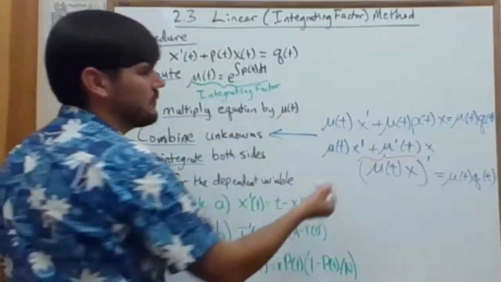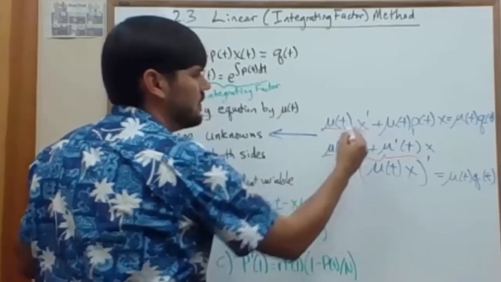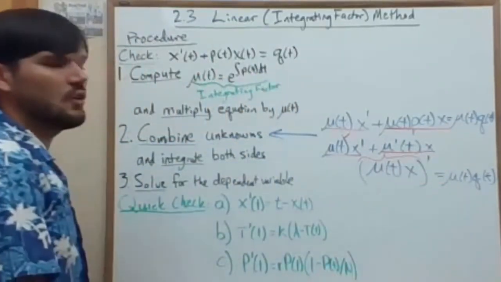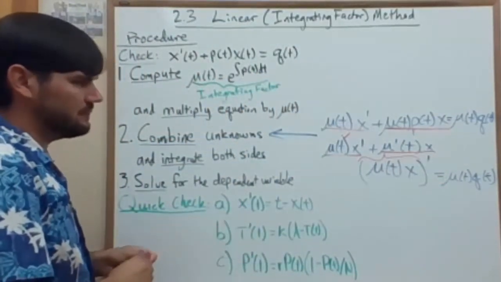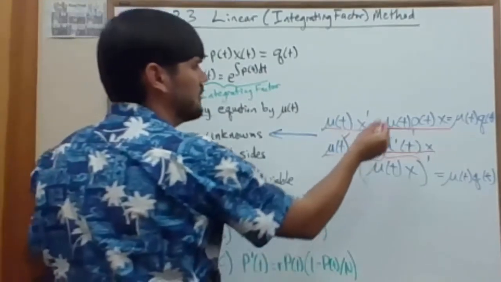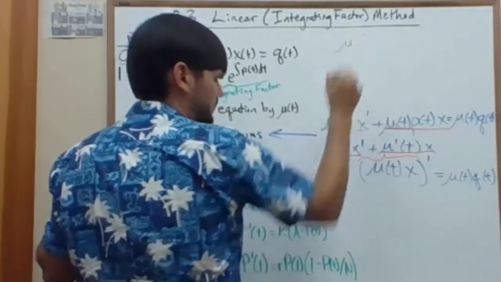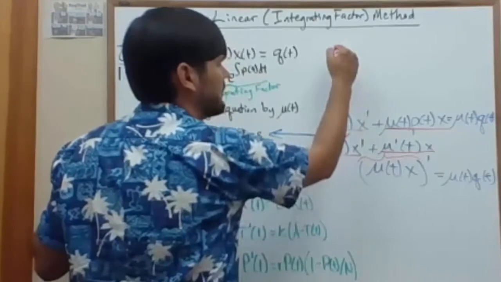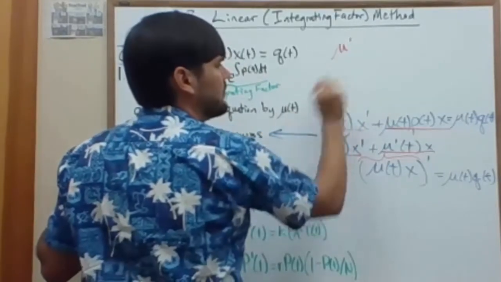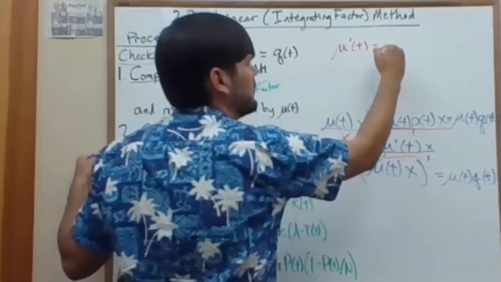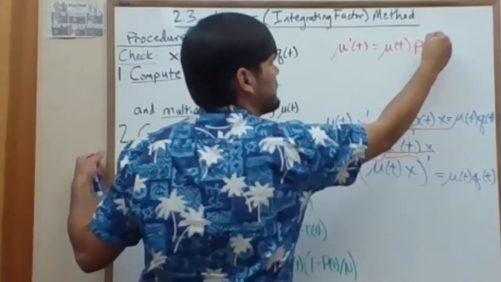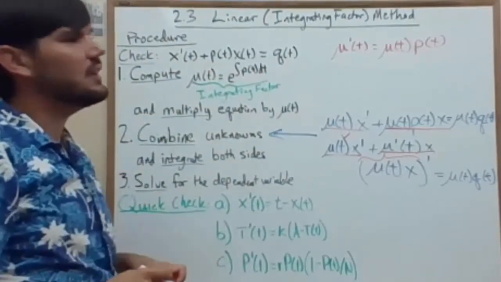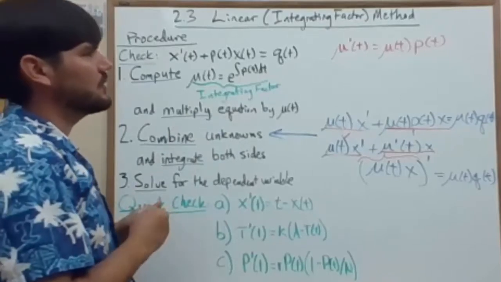Now, to match these up, we check the first terms, check. And in the second group of terms, we have the same x, but we need mu prime of t equal to mu of t times p of t. So let's verify that if we have this form of mu of t, then it satisfies this equation.